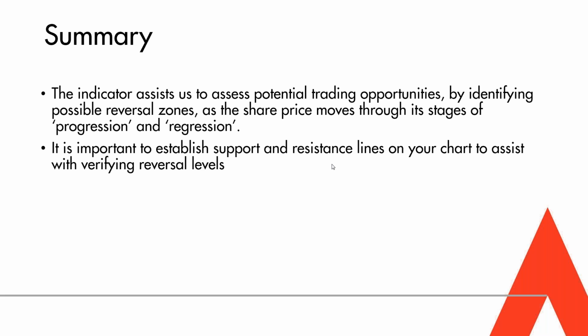With a pullback, in a perfect world, you'd love to see it pulling back to your rising trend line and generally finding support there. But what if it was also a 61.8% retracement at the same time? That's an example of multiple support levels that suggest key support and a higher chance of a rally from that level. So that is the Fibonacci retracement indicator.